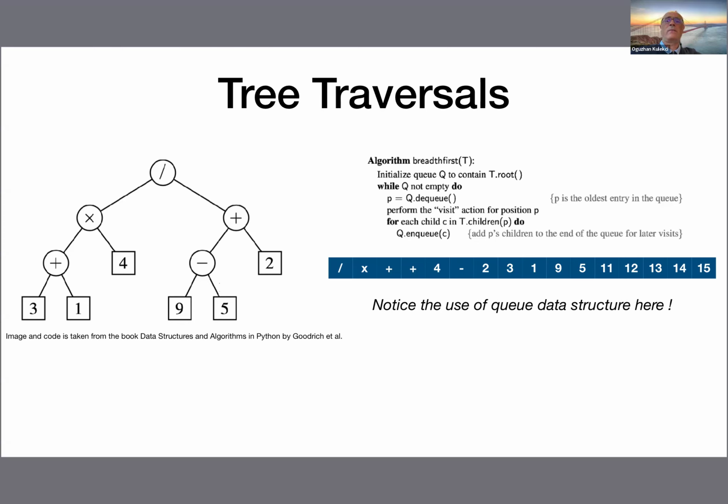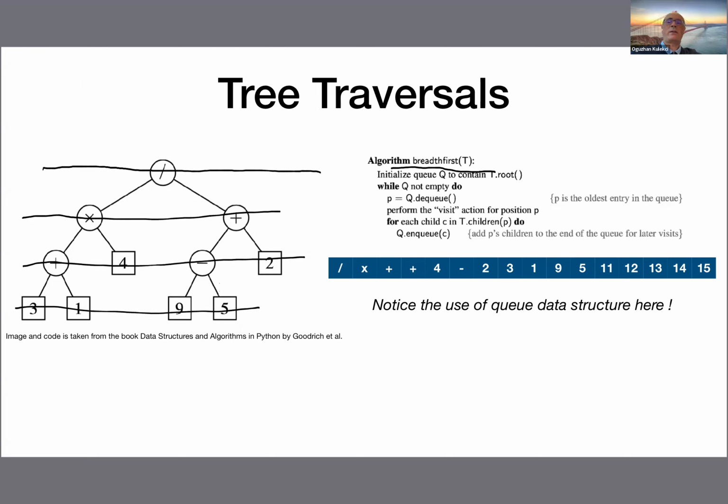We start with the breadth-first traversal. So breadth-first means level by level traversal of this tree. So this is the first level, okay? And then this is the second level, third level, and this is the fourth level, right?